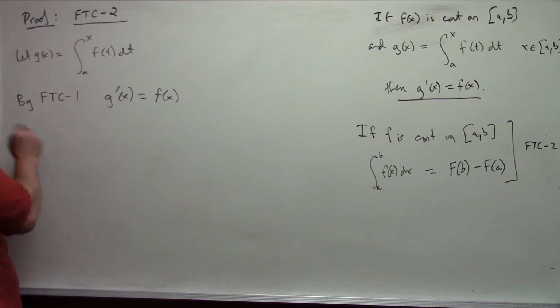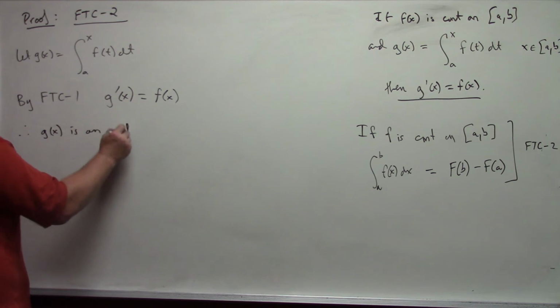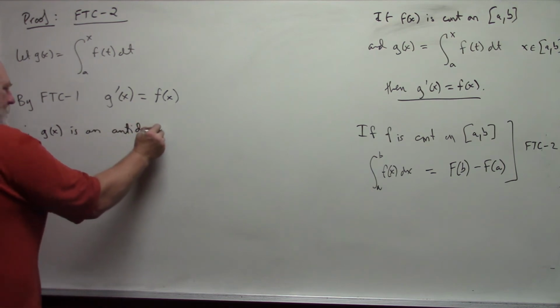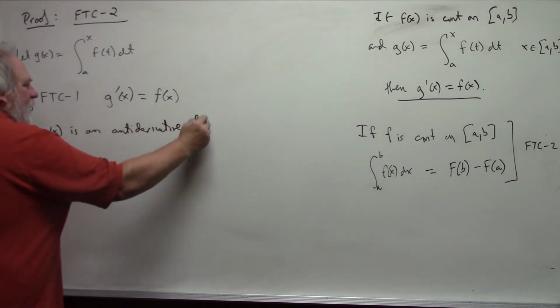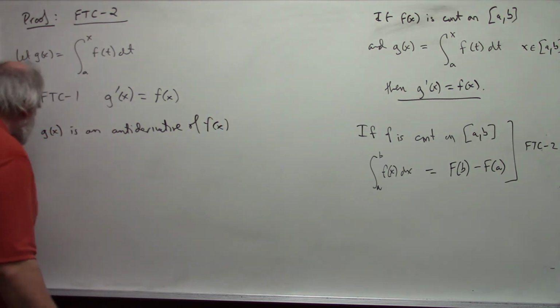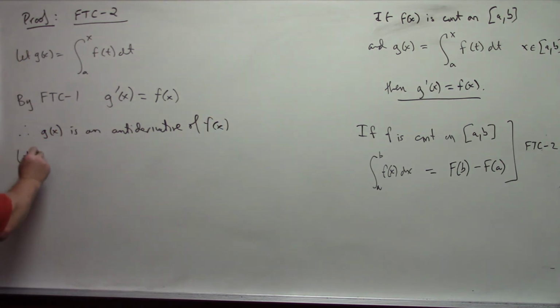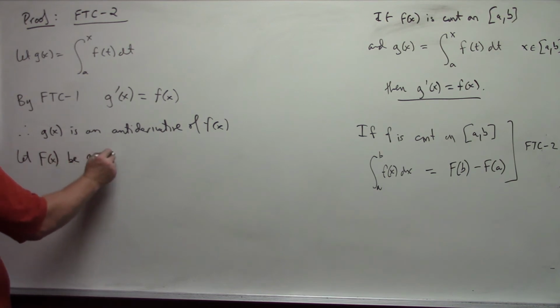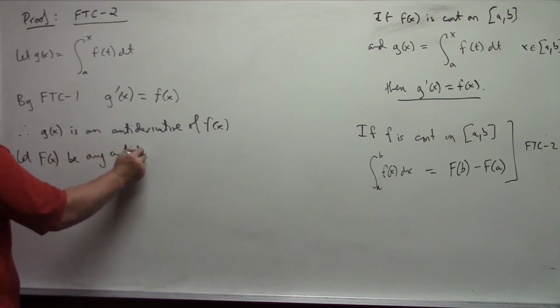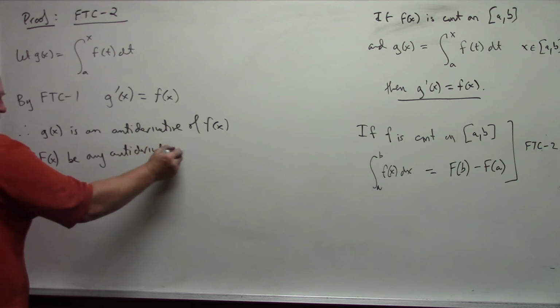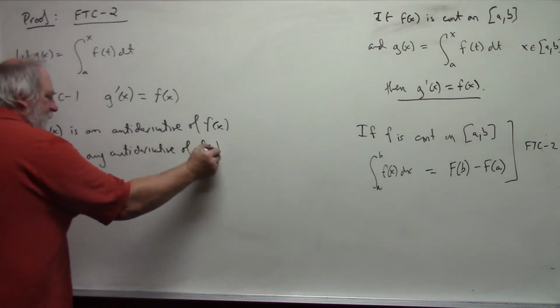Therefore, g of x is an antiderivative of little f of x. Let capital F of x be any antiderivative of little f of x.